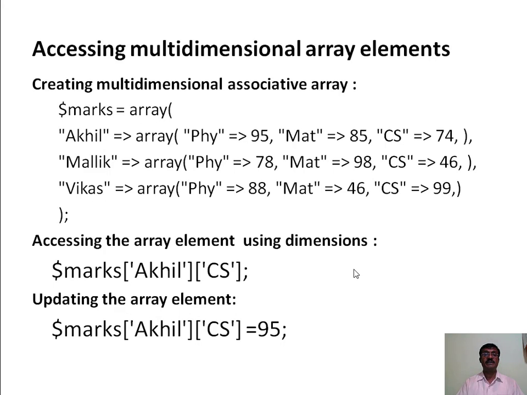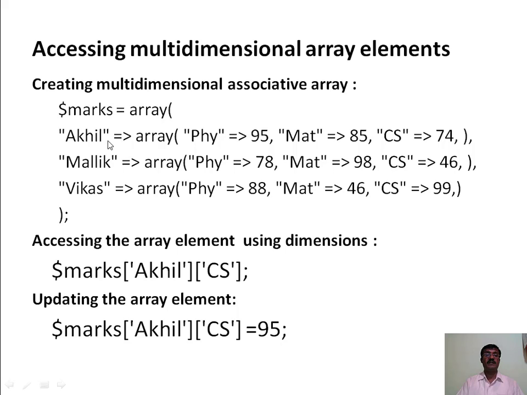Accessing multi-dimensional array elements. So creating a multi-dimensional array. So here marks is an array variable. By using the array construct, here I am creating a two-dimensional array, a two-dimensional associative array. So for this marks array, there will be three keys, that is Akhil, Malik and Vikas.